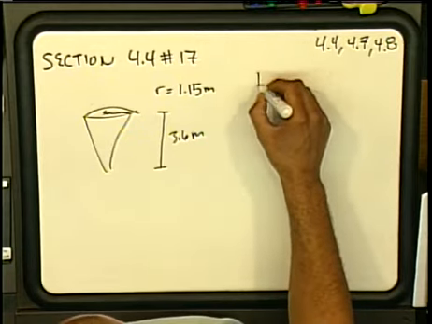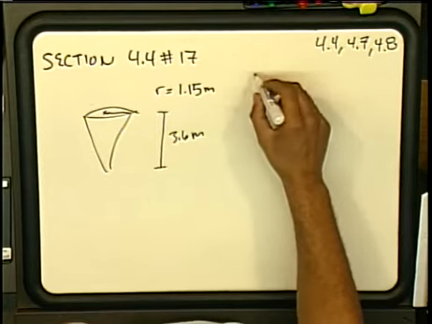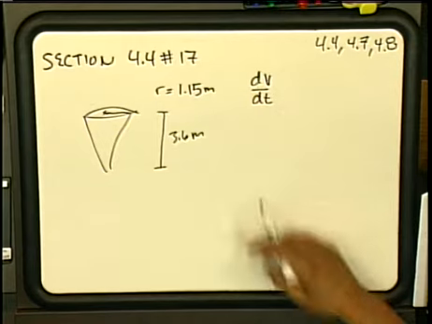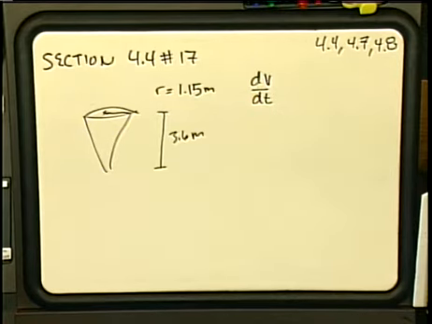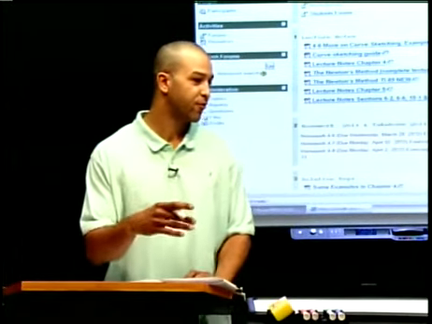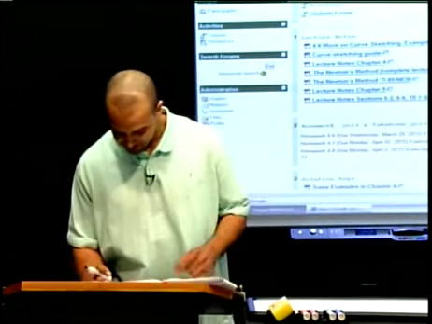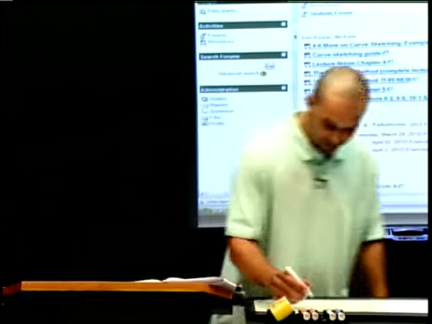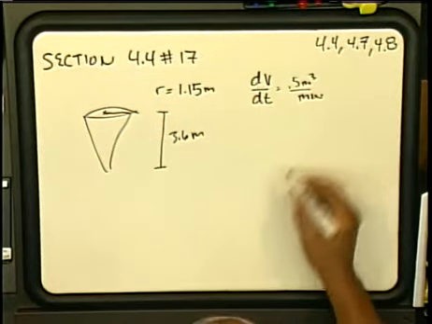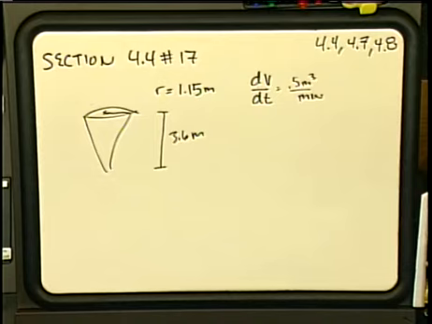So the rate, dV over dt, is the volume filling up with time, 0.5 meters cubed a minute. How fast is the level rising when it is 1.8 meters deep?